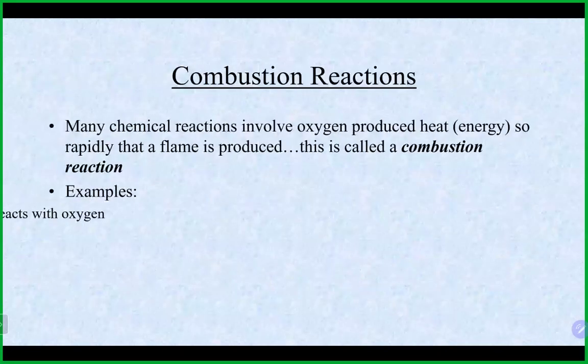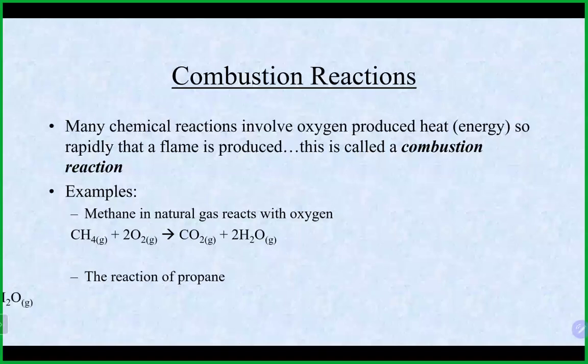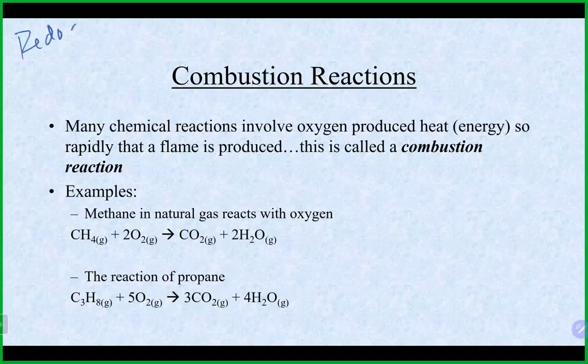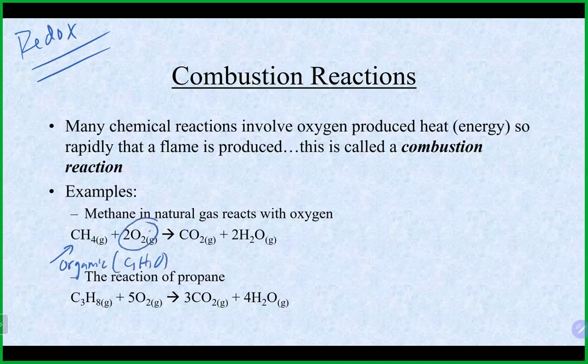The next reaction classification is a combustion reaction, and this also falls under the redox category. Now, I would say probably 99 times out of 100, when they ask you to tell them what a combustion reaction is, this is the combustion reaction they want you to tell them, which is really an organic combustion. An organic combustion means you take an organic compound like this, which typically contains carbon, hydrogen, and oxygen, and you typically will have O2 in this case.